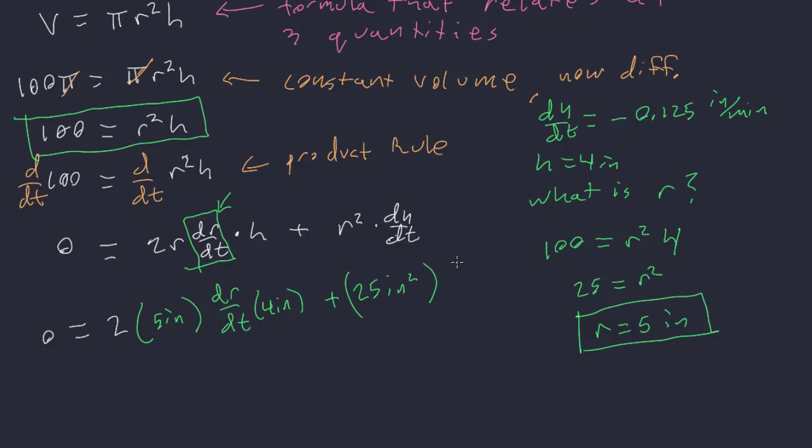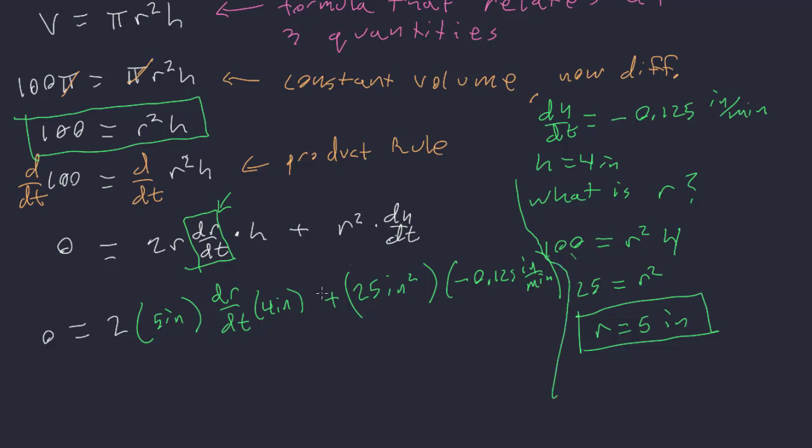Then dh dt is negative 0.125 inches per minute.